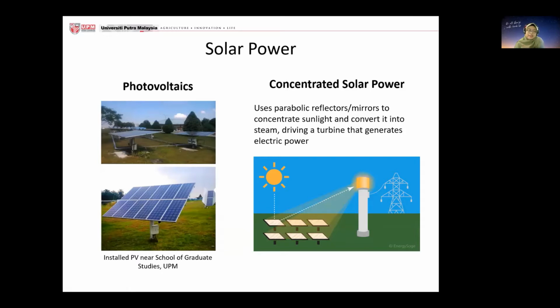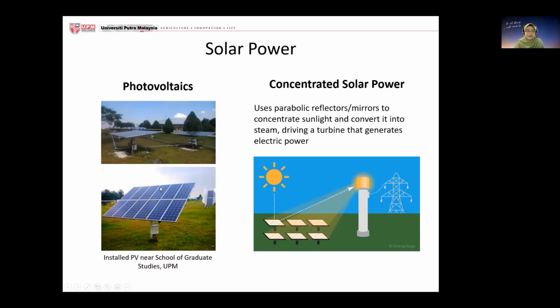In photovoltaics, I'm sure you are familiar with this kind of situation, where we have PV photovoltaics installed around places where they can get direct sun exposure. This is an example. If you have ever gone near the School of Graduate Studies, UPM, these are what has already been installed there.